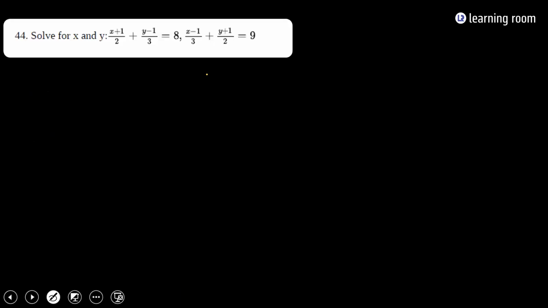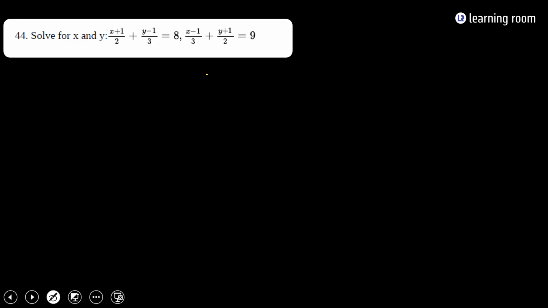Next. Solve for x and y. Here we will take x plus 1 as some variable. In the second equation, x minus 1 similarly. Then we'll cross multiply, take the LCM, simplify the equation and then solve it.